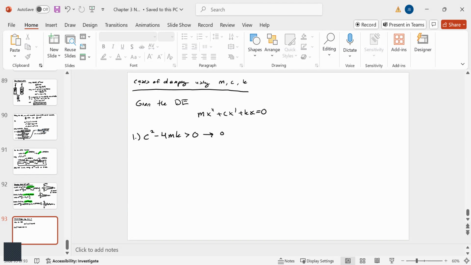That's going to be overdamped. And then number 2, c squared minus 4mk equal to 0 is critically damped.